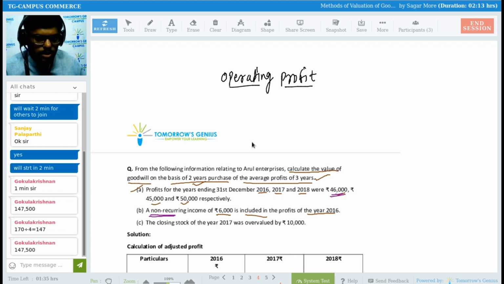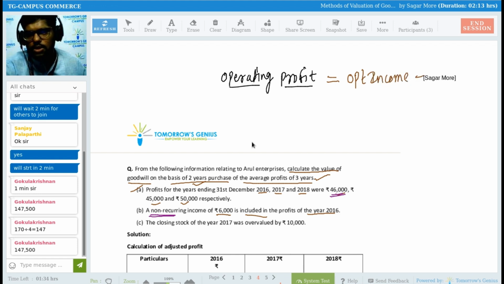So operating profit you can calculate by considering operating income minus operating expenses. So what is the meaning of operating income and operating expenses?